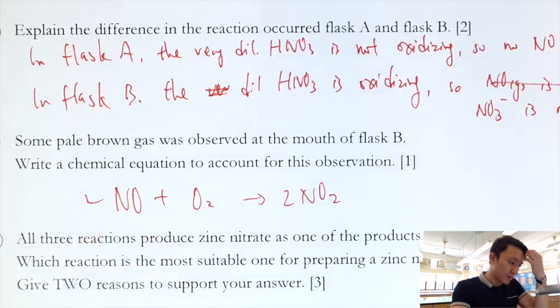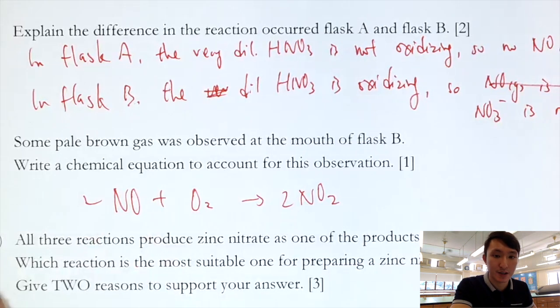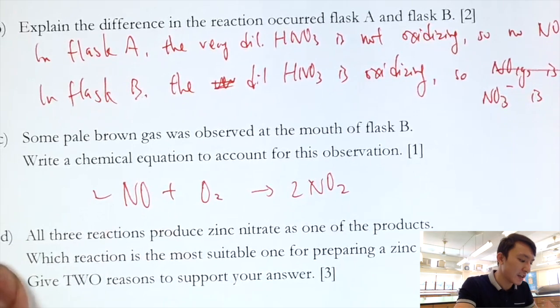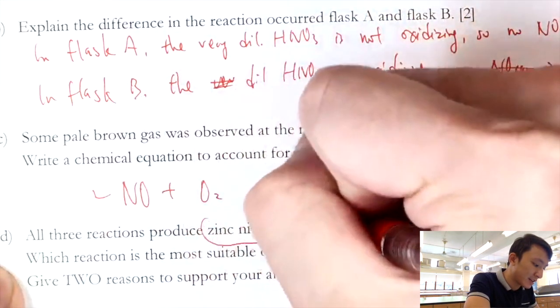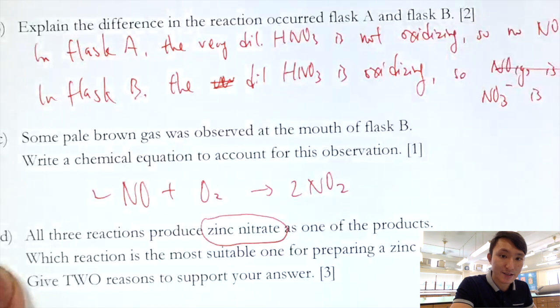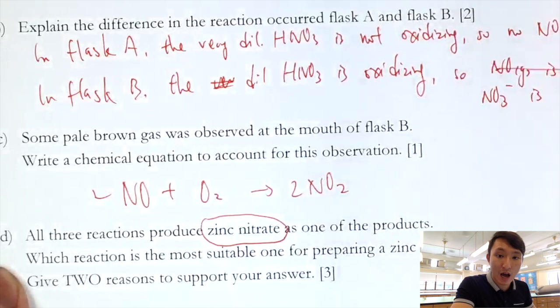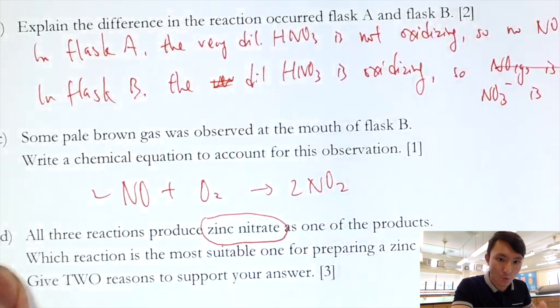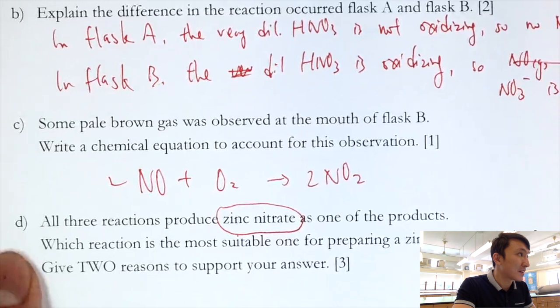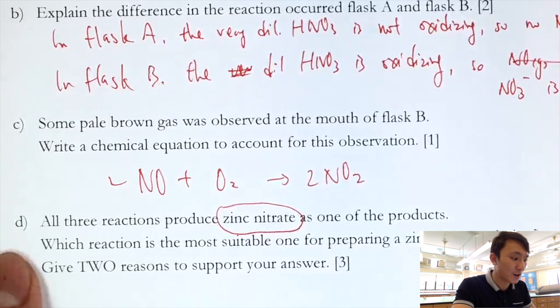Okay. Now for part D, an evaluation type question, it is simply asking: if we want to prepare zinc nitrate, which reaction are we going to choose and why? In this case, I think most of you would choose flask A, right?